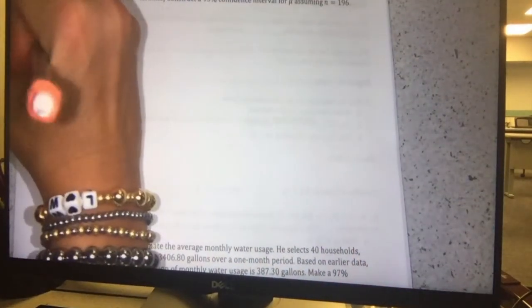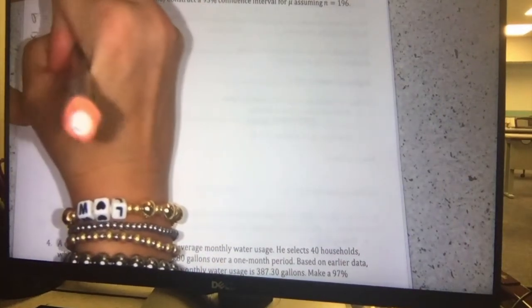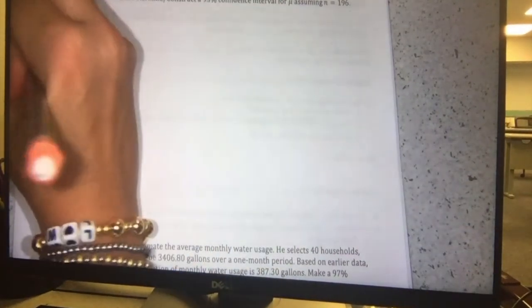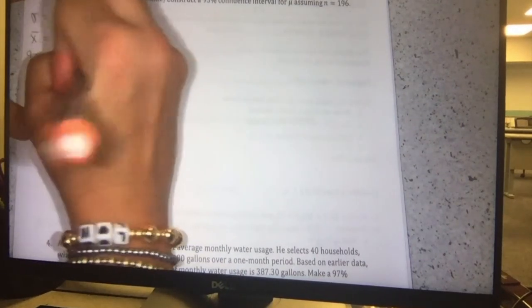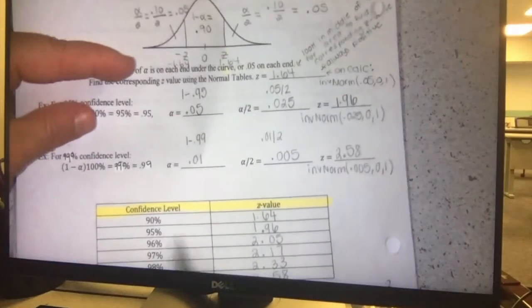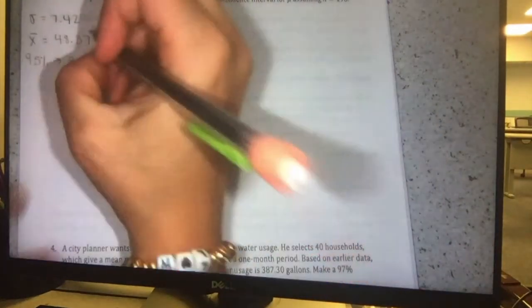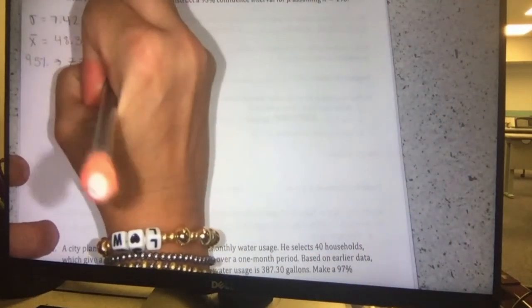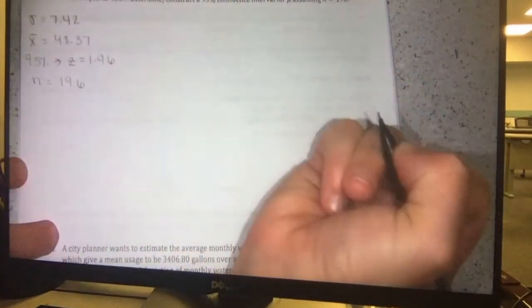Our x bar is 48.37. They told us we were 95% confident, so going back to our z table, our z value is 1.96. And n is 196.